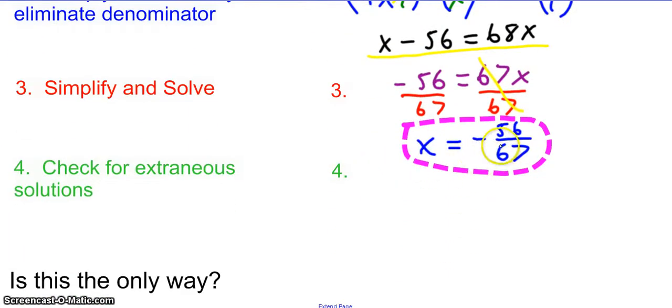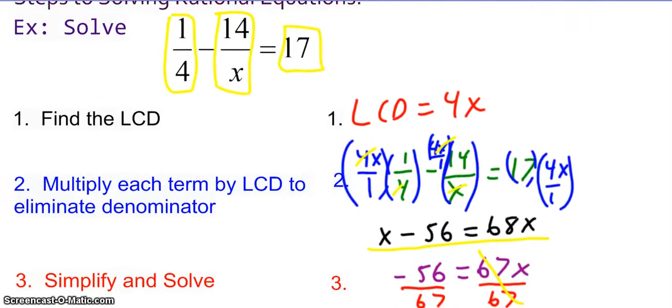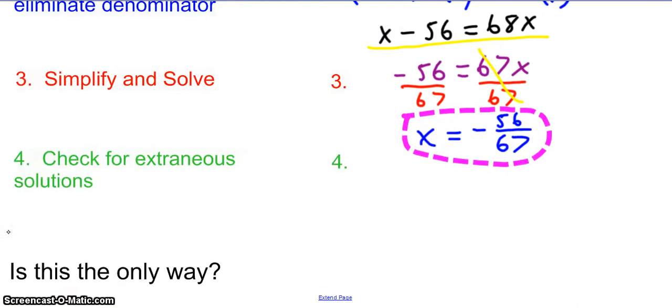Well, what are we checking for with extraneous solutions? What we're checking for is if I take that value, negative 56/67, and I plug it into the original equation, so it has to go into the original, does it make the denominator 0 anywhere? And so in this case I can see that if I plug in negative 56/67 right here, the denominator is negative 56/67. That is not 0. Therefore, it is not going to be extraneous.